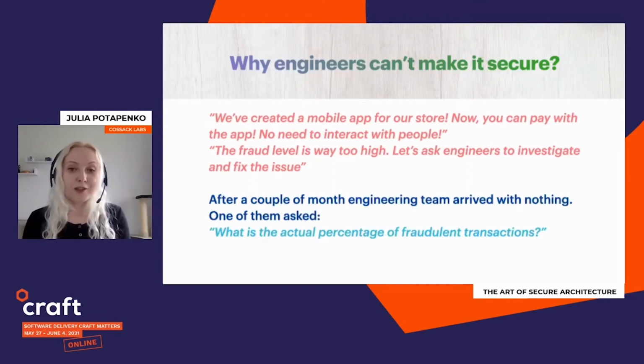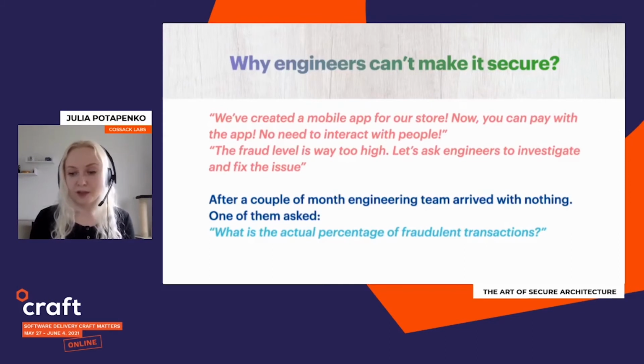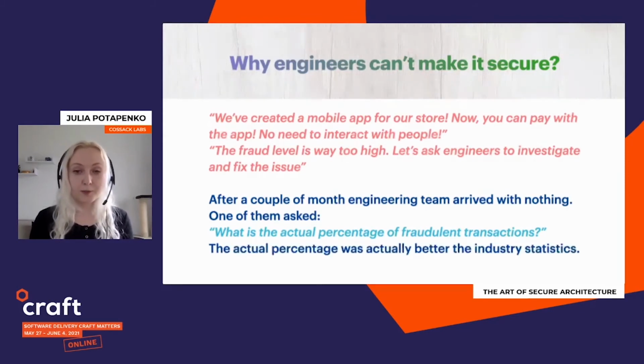After a couple of months, the engineering team arrived with basically nothing. One of them asked stakeholders, what was the actual percentage of fraud? And after some investigation, it appeared that the actual percentage was average, or even better than average, for this industry. There were no technical issues with the app. The team missed the risk at the beginning, the risk that the fraud amount may change as they're using another payment system.